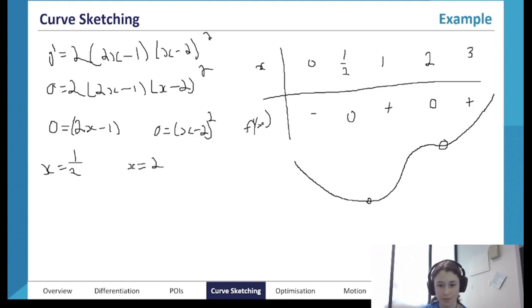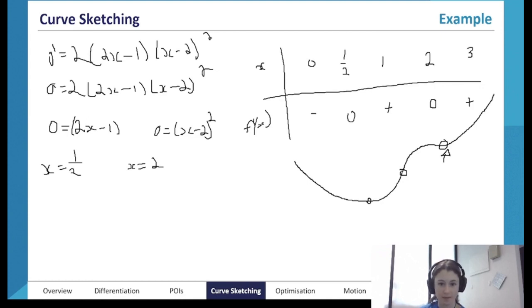As a quick exercise, have a think about where the point of inflection would be here, or how many points of inflection there would be. Take a quick second to pause the recording to think about this. There is actually only one point of inflection, right here, because this is where the concavity changes. This section here is not a point of inflection.